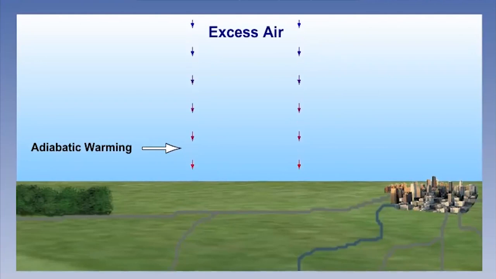Therefore, air will be forced to descend towards the ground. As this happens, the air is compressed under the increasing amount of pressure, and this causes the temperature to rise. We call this adiabatic warming. When the air eventually reaches the surface, it can be relatively warm. But remember, the reason for the high pressure was because of a net gain of air in the upper atmosphere.